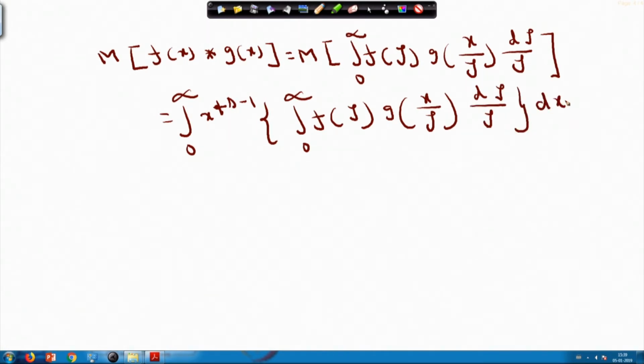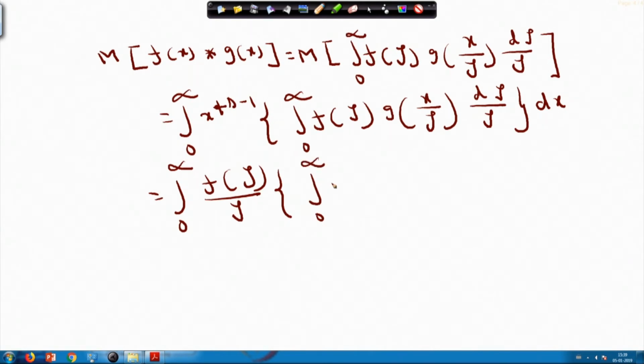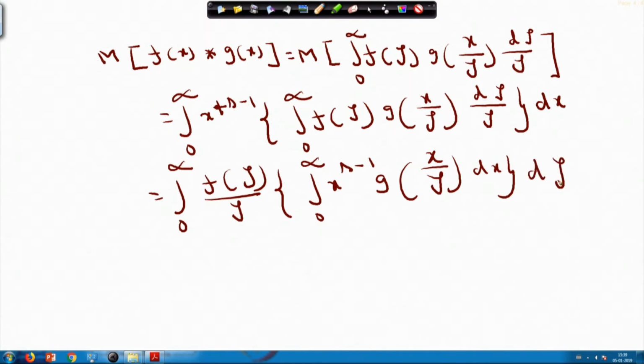So, if I change the order of the integration, that is dx and d eta, I will obtain f(eta)/eta outside, and inside the other integral, 0 to infinity x to the power s minus 1 g(x/eta) dx, and d eta.